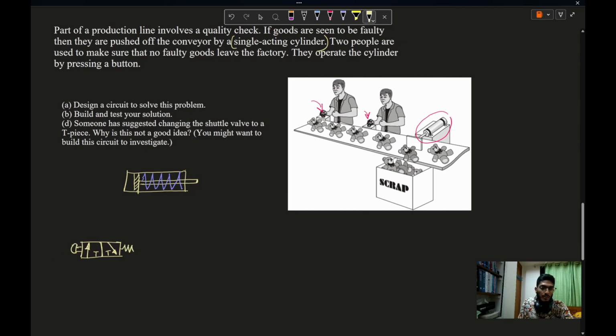In the left side, we have a push button and the right side, we have a spring return. So in initial position, the right side will be actuated. This is my power supply. This is my exhaust. Let's copy this.